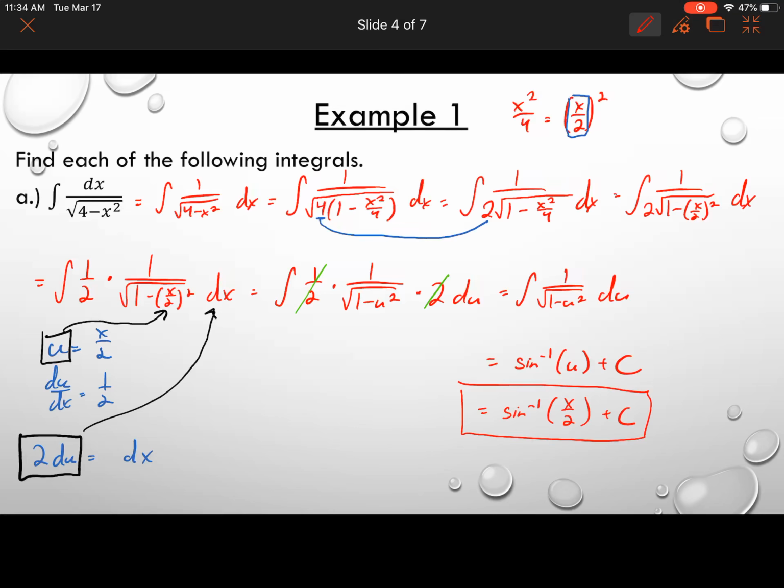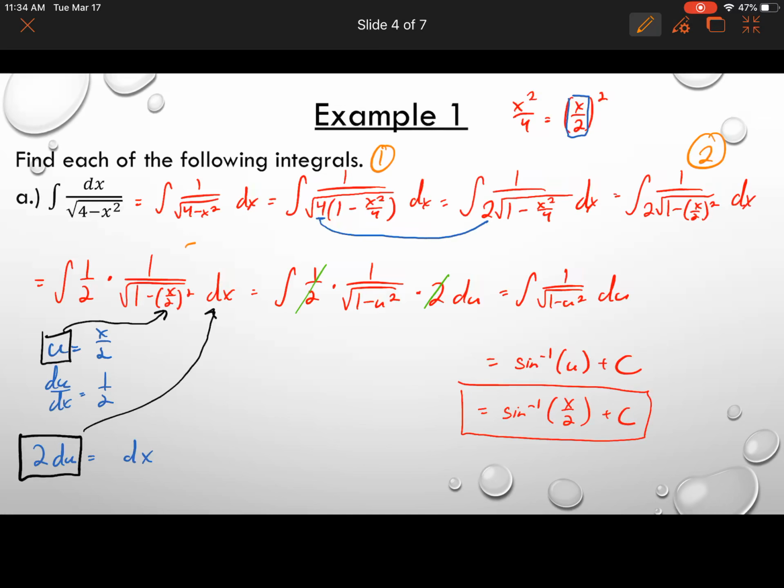So just to recap. The first step that we did here was we made that 4 into a 1 by taking out the 4. Then our second main step was we turned that x squared over 4 into the quantity x over 2 squared.